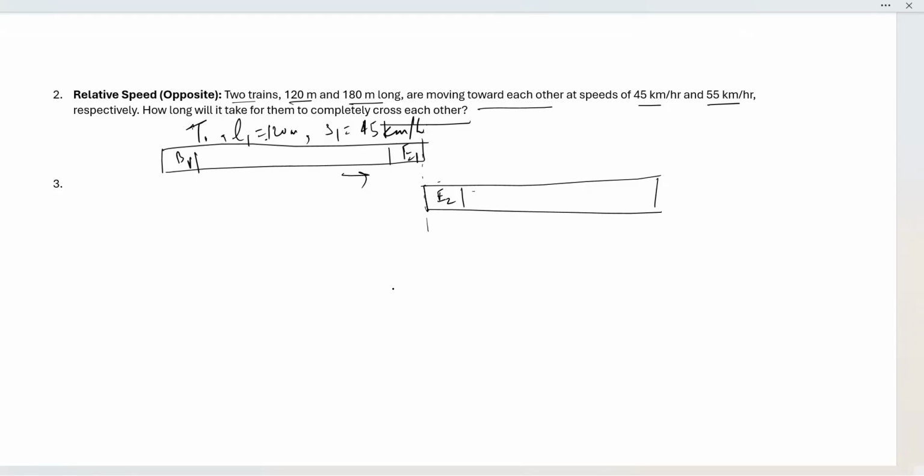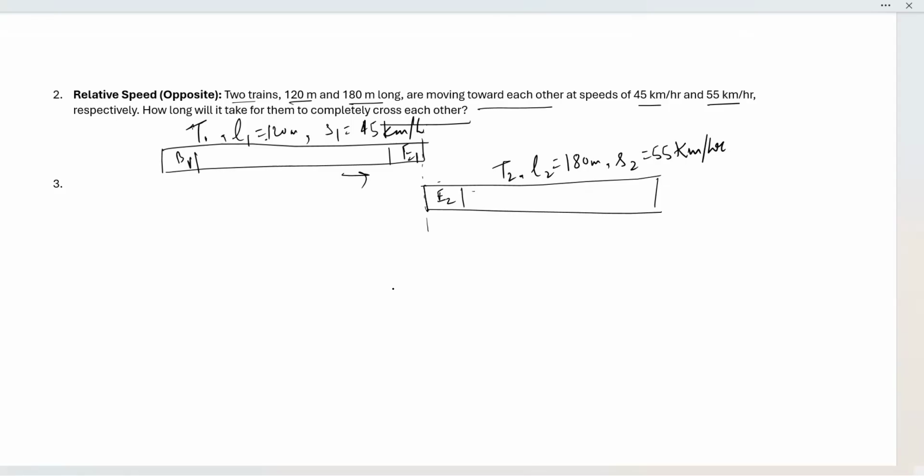This is train 2, L2, which is 180 meters, traveling at speed s2, which is 55 kilometers per hour.